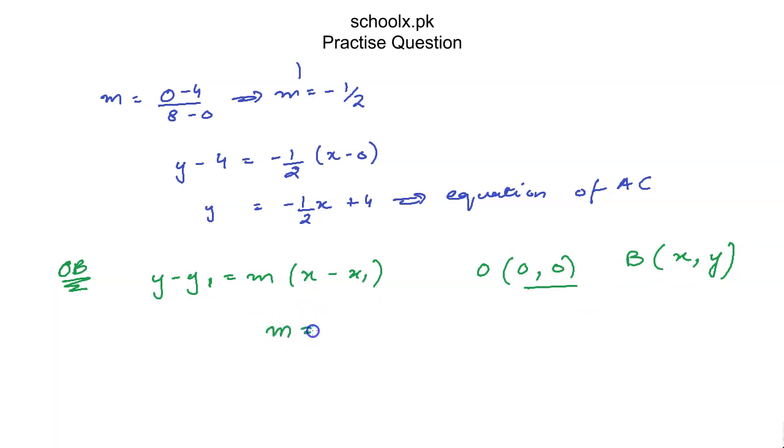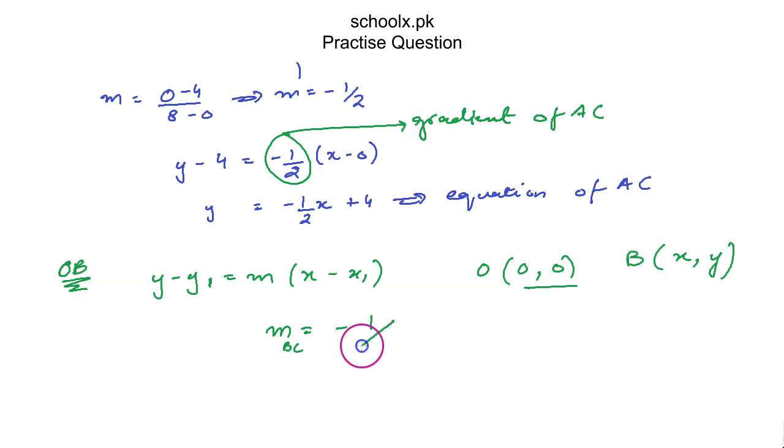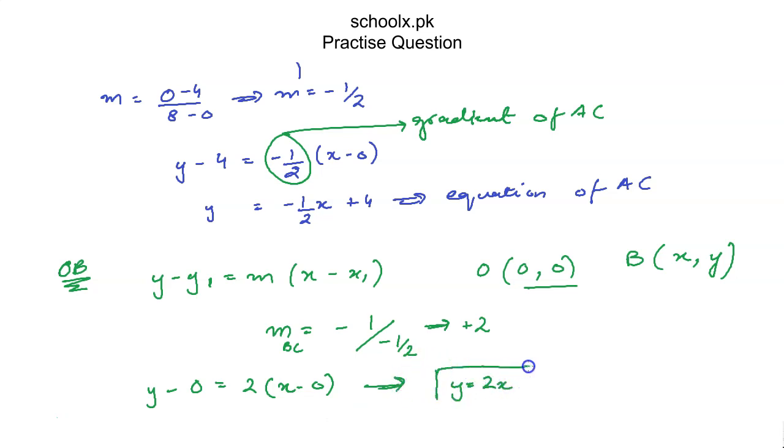And m is the negative reciprocal of the gradient of AC, which gives us positive 2. I'll plug this gradient and the coordinates 0, 0 into this equation. I'll get y minus 0 equals 2 into x minus 0. The equation becomes y equals 2x. This is the equation of OB.